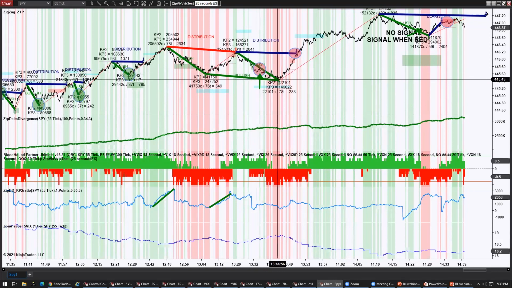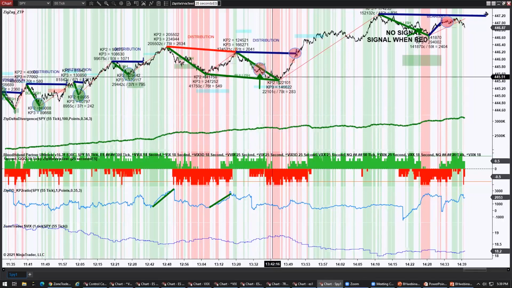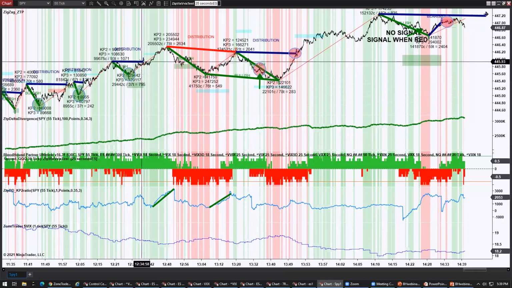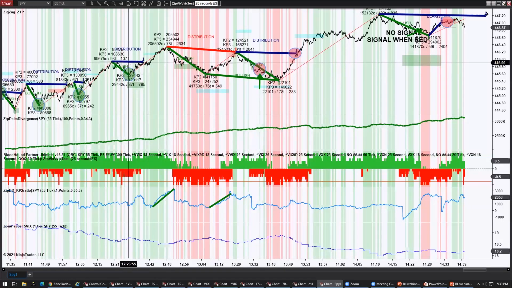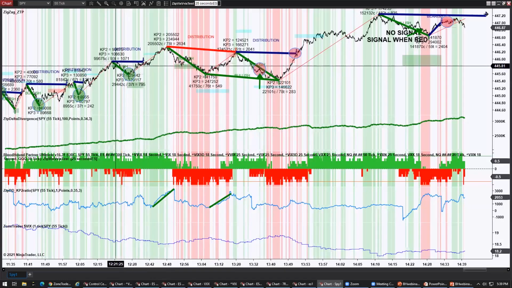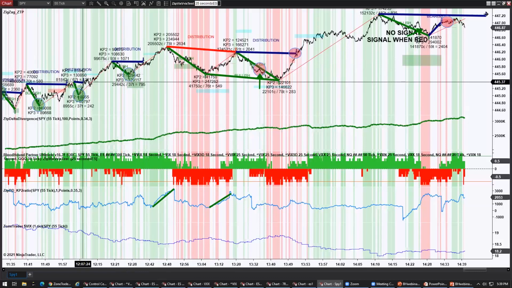The divergence continued until we eventually made our low right here, and that's why you see this in green. Where you see something in blue, that is the location that it went non-divergent.